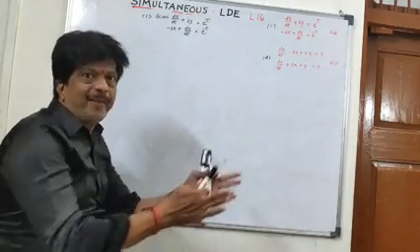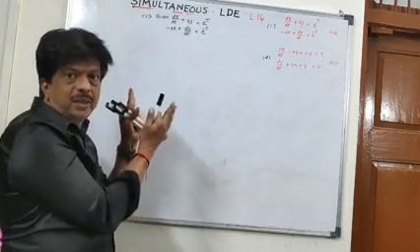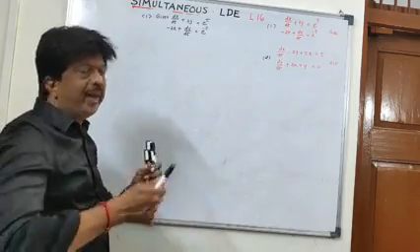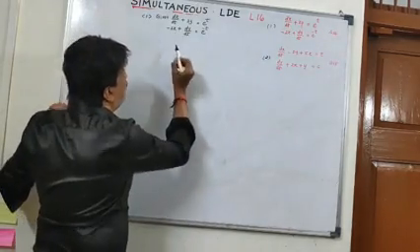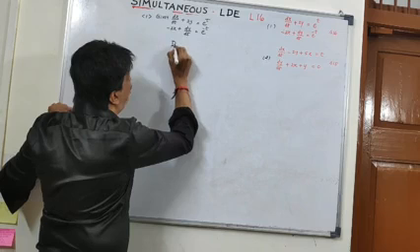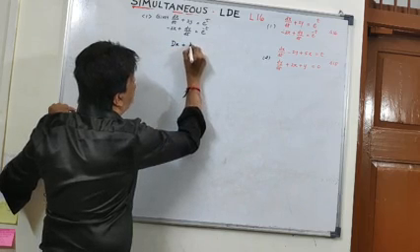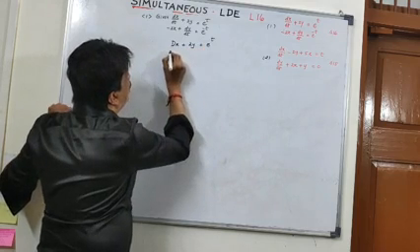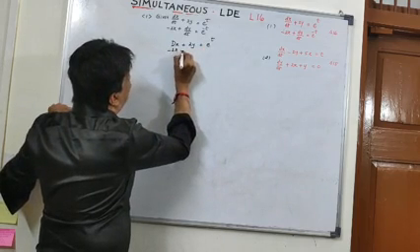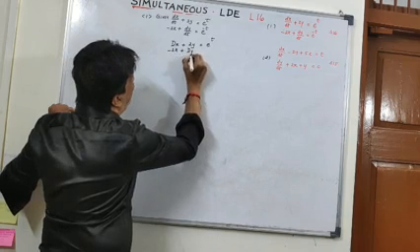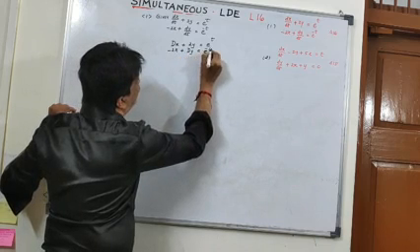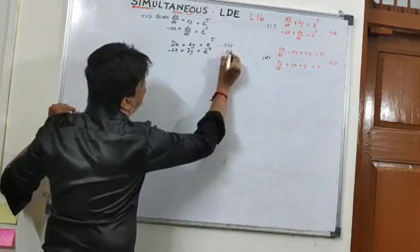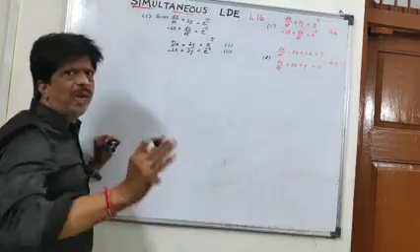To employ Cramer's rule, I would be writing this system in a very handsome form like this: coefficient of x, coefficient of y, in operator form. So, dx by dt means capital D of x, the coefficient of y is 2, y is equal to the right hand side e power t. Minus 2x, dy by dt means D of y, is equal to e power minus t. So this is equation 1, this is the second equation, x and y.